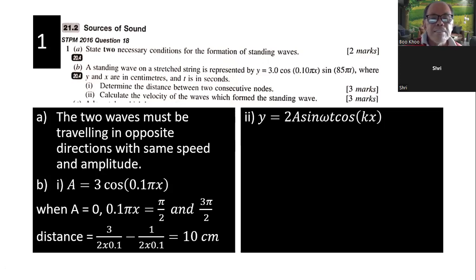Calculate the speed of the wave which forms the standing wave. Okay, what should I do? Calculate the velocity of the wave which forms the standing wave.